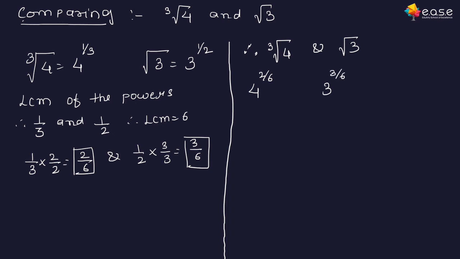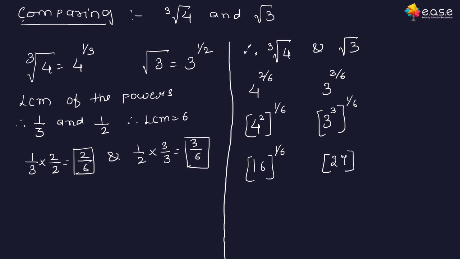Correct? So this we can write as (4²) the whole raised to 1/6, and this as (3³) the whole raised to 1/6. 4 fours are 16 to the power 1/6, and this is equal to 3 to the power 3, which is 27. So this is equal to 27 to the power 1/6.